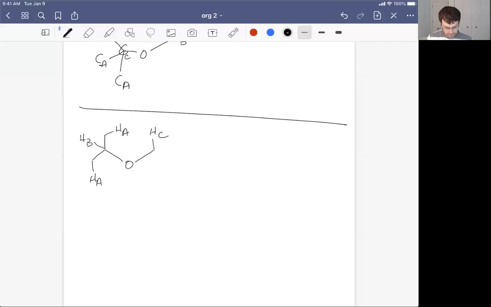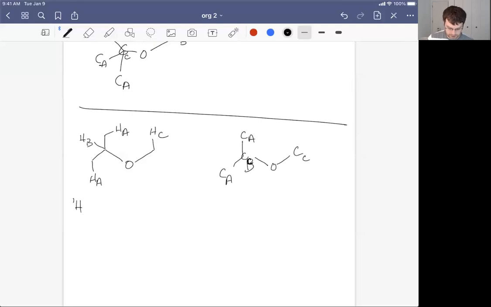Okay, so we have HAs at those two positions, HC. Now for our carbons, we have Ca, which is in the same chemical environment as Ca down here. I'm going to label this Cc just to be consistent with our previous example. Well, I guess I call it HB. So then we have Cb and then Cc.